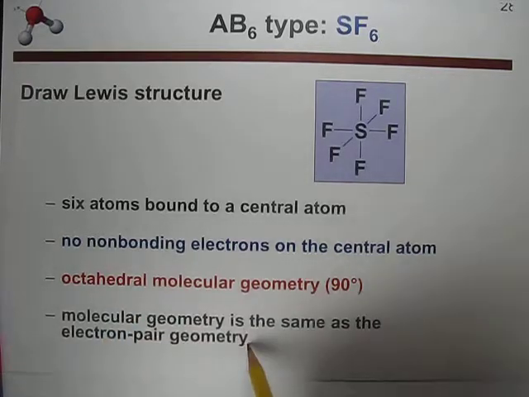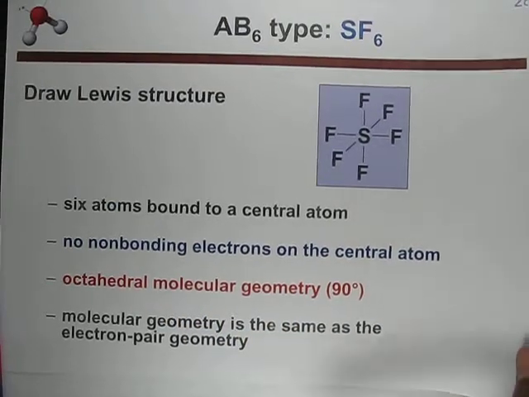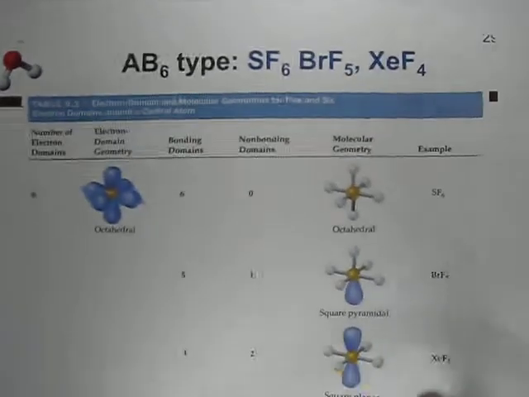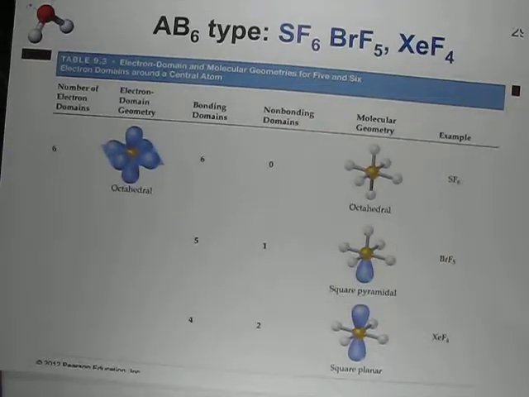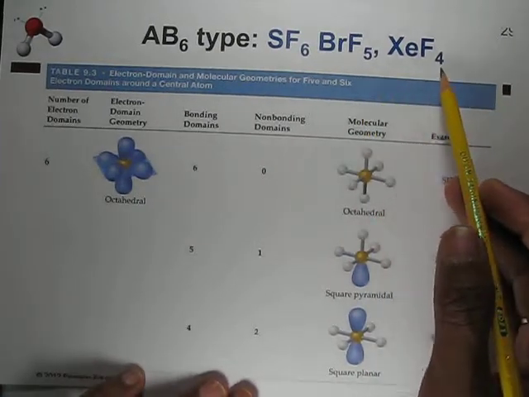Let's see some other examples of AB6 type molecular shape: SF6, BrF5 and xenon tetrafluoride.